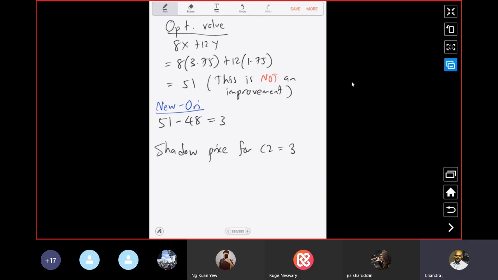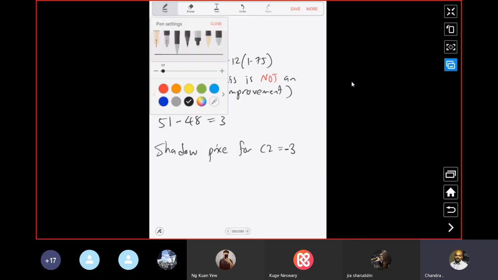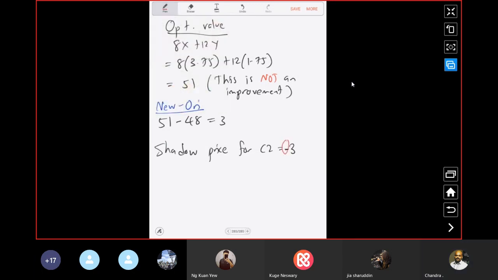Is this 3? No, it's a negative 3. Why? Again, because it is not an improvement. If it is an improvement, then leave it as 3. In this case, for cost, it is not an improvement. We want cost to be reduced, not increased. That's why I said just now, for minimum it is the other way around. For minimum, if you have positive here, you write negative.